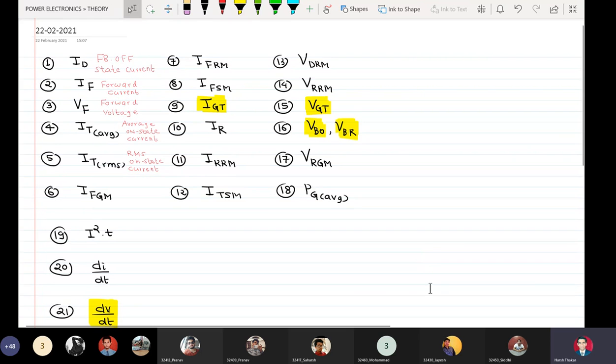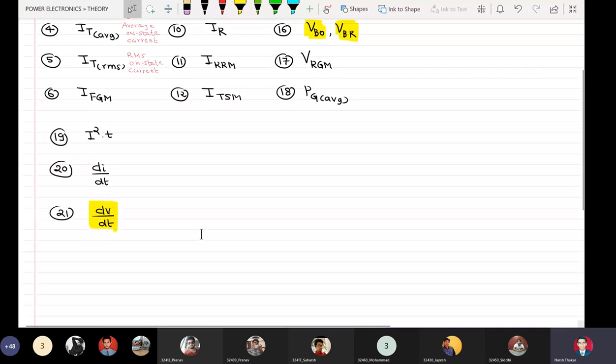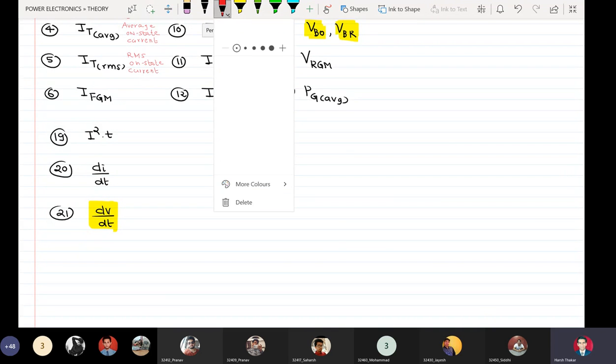Now the ratings will become a little complicated. Now there are three letters, IFGM. Understand, M means maximum, G means gate, and F means forward. It is maximum forward gate current.